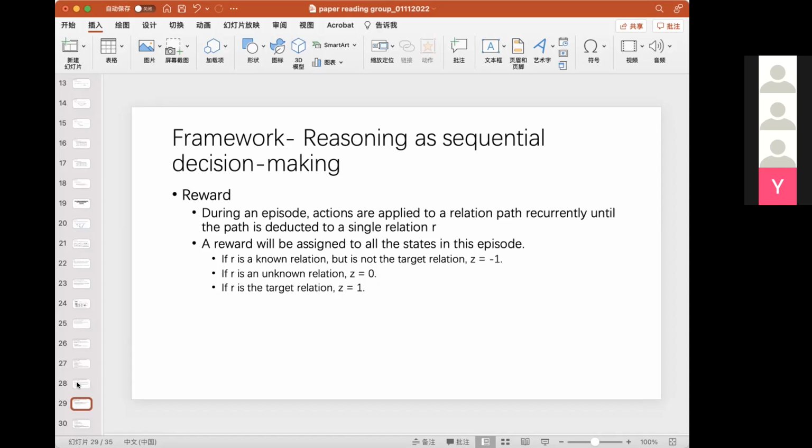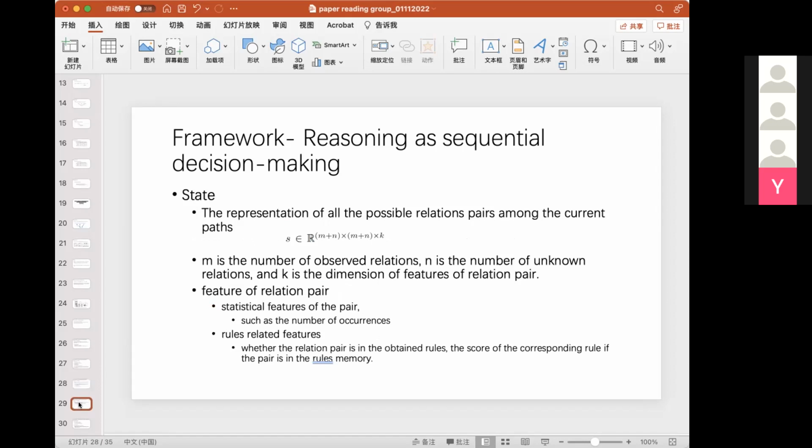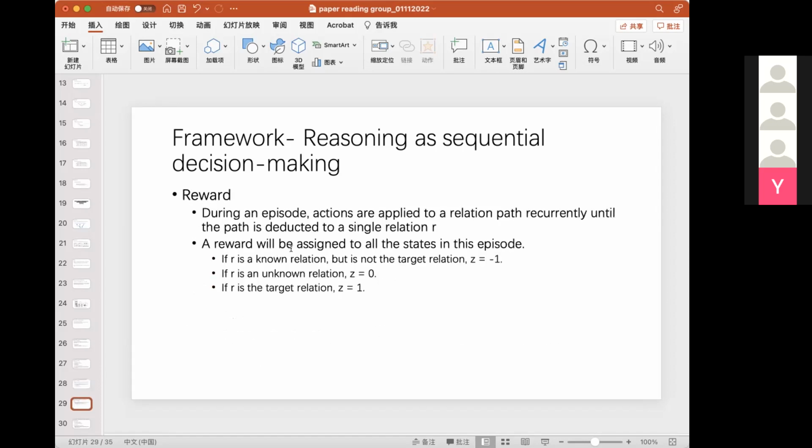With the action space and the state, the next question is how to calculate the reward of the decisions. The idea is that during an episode, the actions are applied to a relation path recurrently until the path is reduced to a single relation R. After that, the reward will be assigned to all the states in this episode.